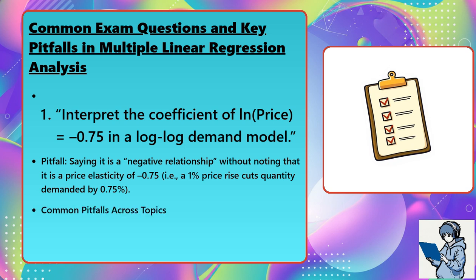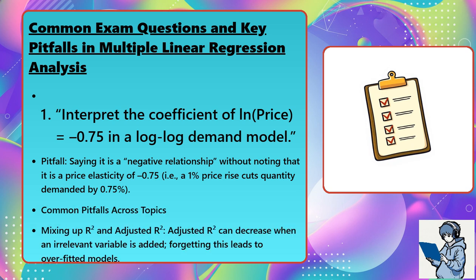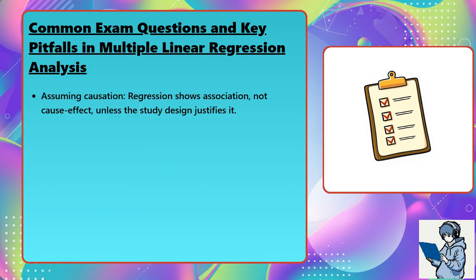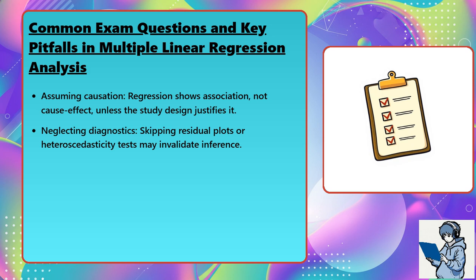Common pitfalls across topics. Mixing up R-squared and adjusted R-squared. Adjusted R-squared can decrease when an irrelevant variable is added. Forgetting this leads to overfitted models. Assuming causation. Regression shows association, not cause-effect, unless the study design justifies it. Neglecting diagnostics. Skipping residual plots or heteroscedasticity tests may invalidate inference.